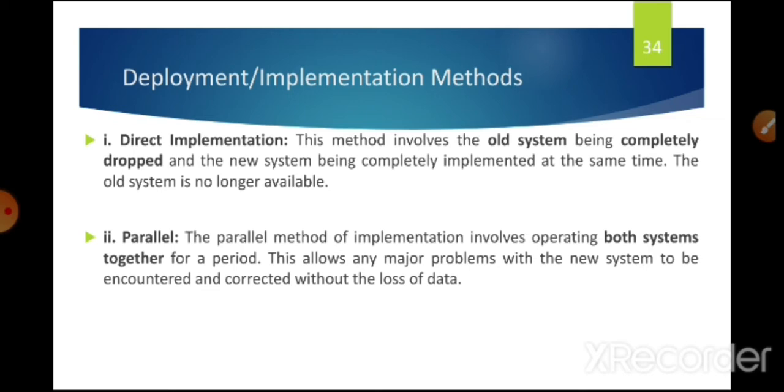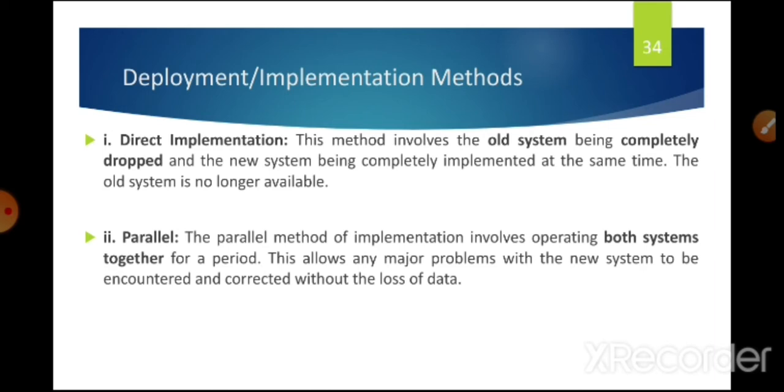As its name shows, using this method the old system is completely dropped and the new system is completely implemented at the same time, which means the old system is no longer available for use. It is a sudden change in which the old system is totally dumped and the new system is installed and made ready to be used.